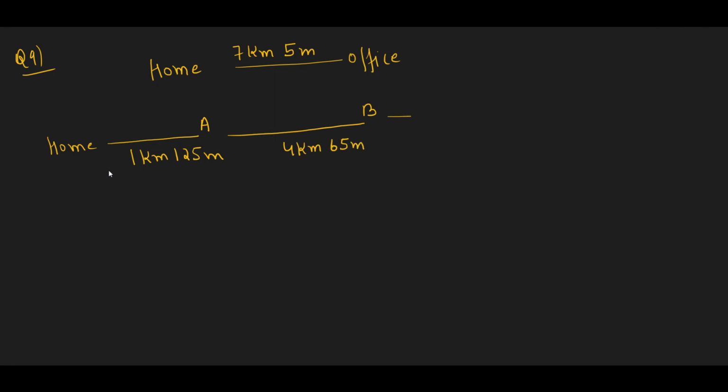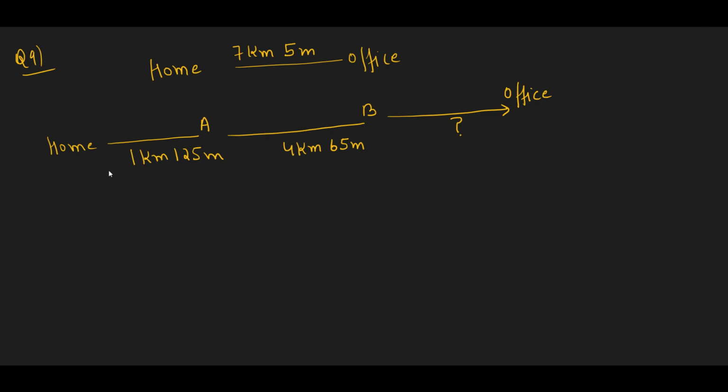And from station B to the office is the remaining distance he walks. We need to find the distance that he walks from metro station B to the office. So children, this is the total distance from home to office, and from home to metro station A is 1 kilometer 125 meters. From A to B is 4 kilometers 65 meters, and from B to office he walks. We need to find that distance.